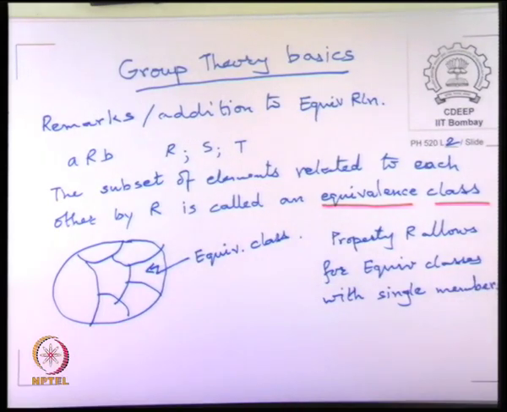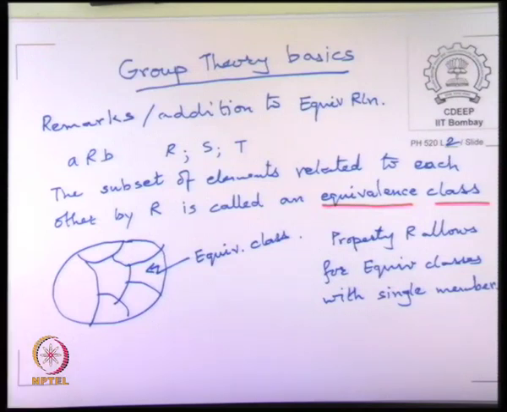You may have something that is related to itself, but is not related to anything else in the group. Then that will become an equivalence class by itself. And typically we will see in group theory, very often the identity element may end up forming an equivalence class by itself under some property that you specify.